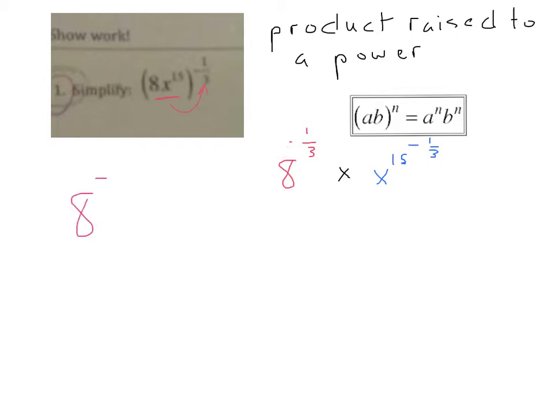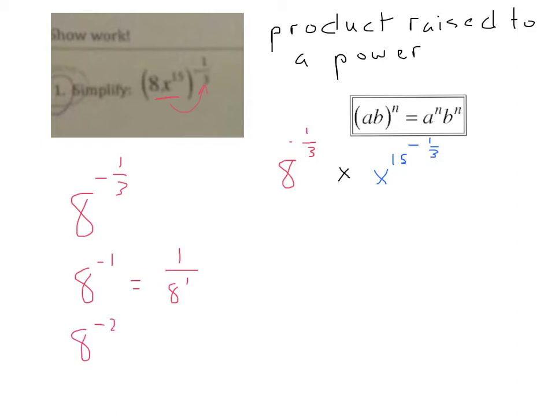So what happens when we take something to a negative exponent? Let's start with that. Let's not worry about the fraction right now. Let's just pretend this was 8 to the negative 1. 8 to the negative 1 is just 1 over 8 to the 1.